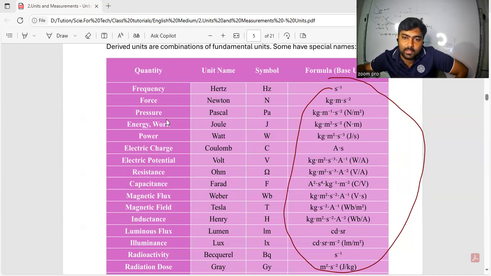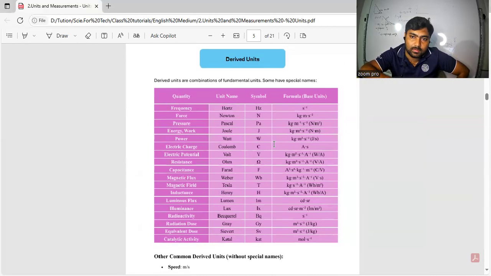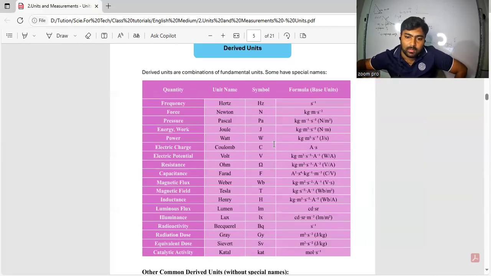Okay, sir. Then there is something called special names or symbols. Special names, that means like this.